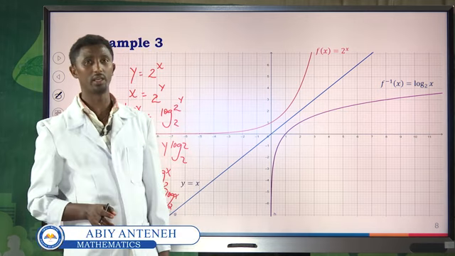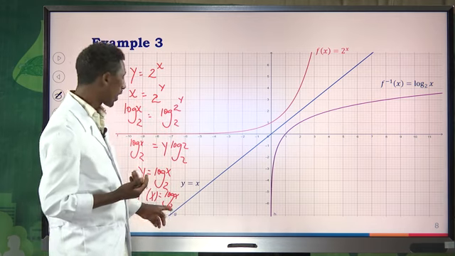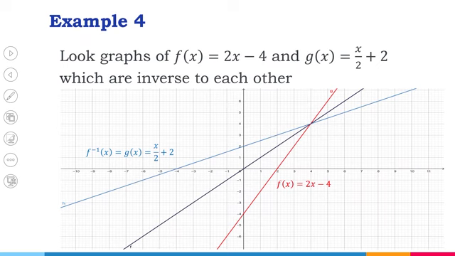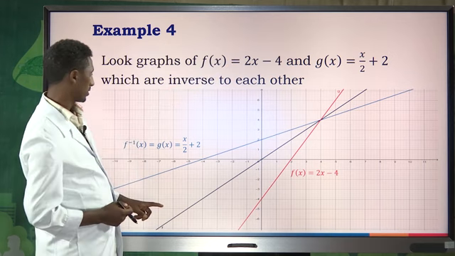And graphically, one is the reflection of the other along the line y equals x. Look at the graphs of these two functions again. The graph of f of x equals 2x minus 4 is this one.